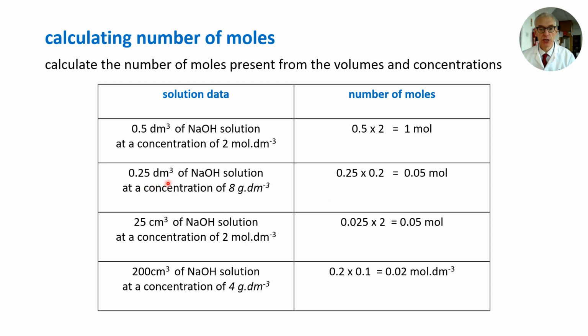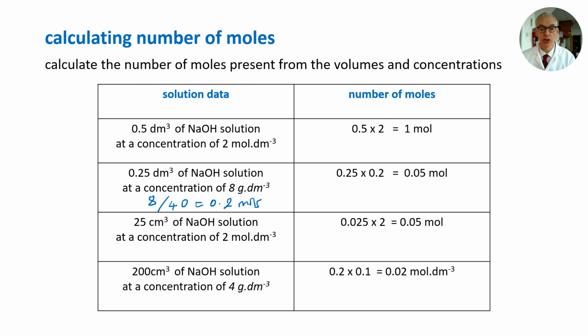0.25 decimeters cubed. So we have a volume, but we don't have a concentration in moles per decimeter cubed. We have it in grams per decimeter cubed. So we need to know how many moles is 8 grams, so it's 8 over 40 is 0.2 moles.